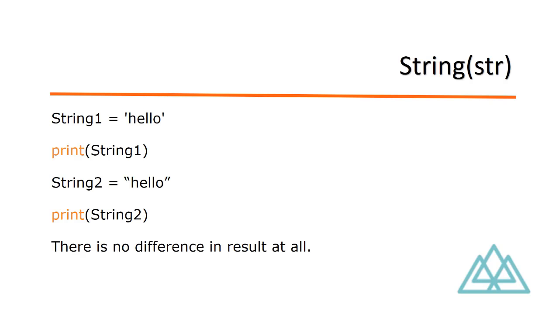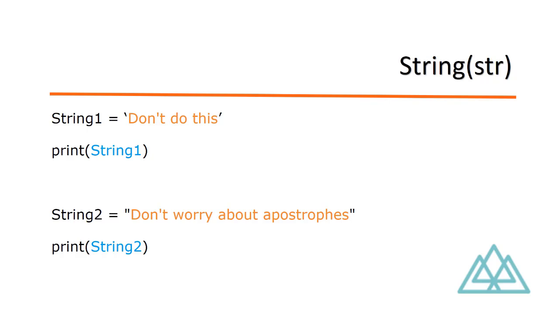The first one is a string. A string is a group of characters or text which is made of alphabets, and it's defined either with a single quote or double quote. Go to the editor and see examples of strings like str1 equal to 'hello'.